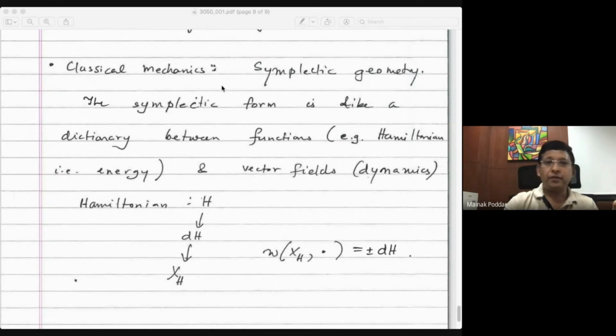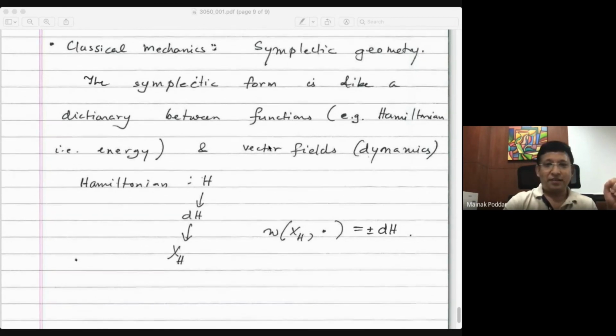And there is also, in classical mechanics, another branch of differential geometry called symplectic geometry. In symplectic geometry, the main character is a symplectic form, which basically can convert functions into vector fields.